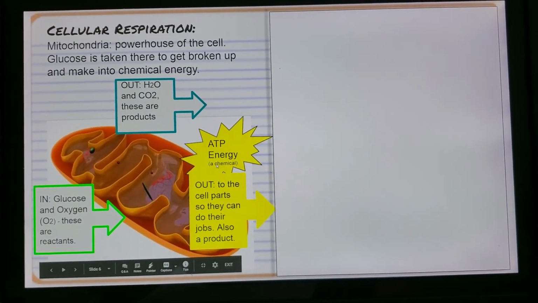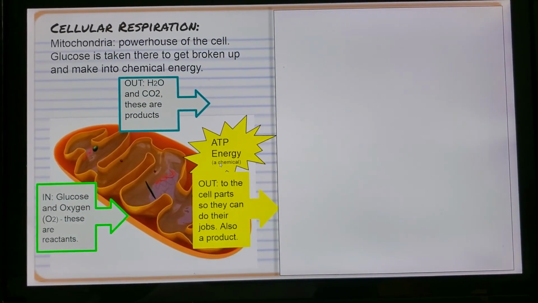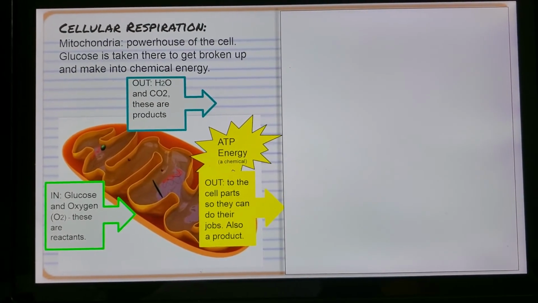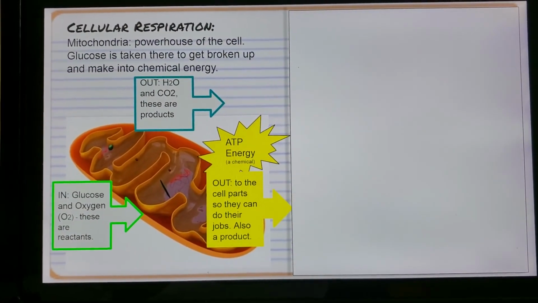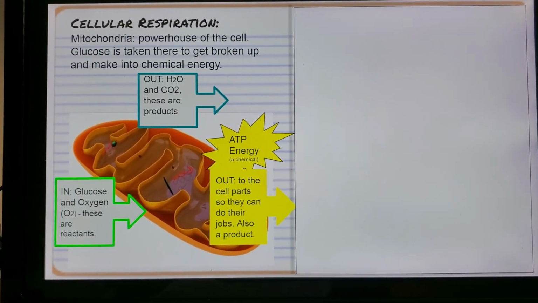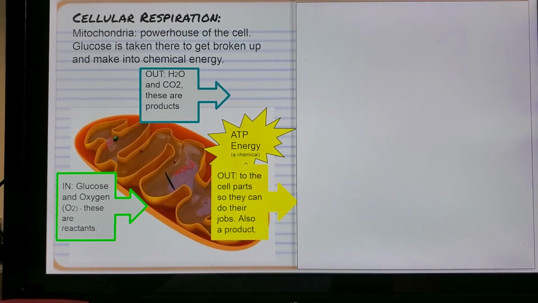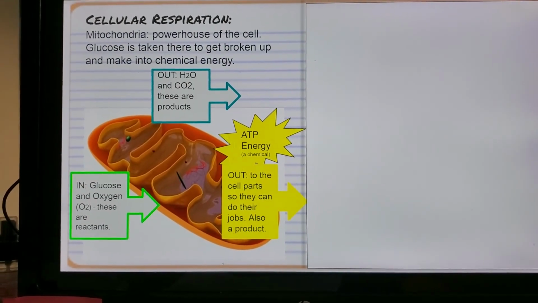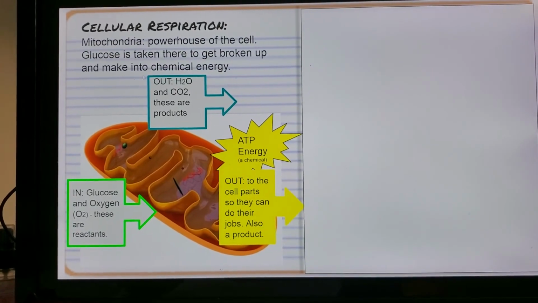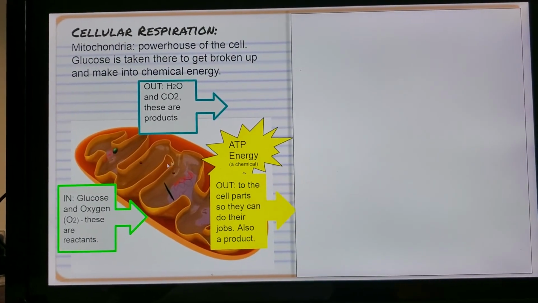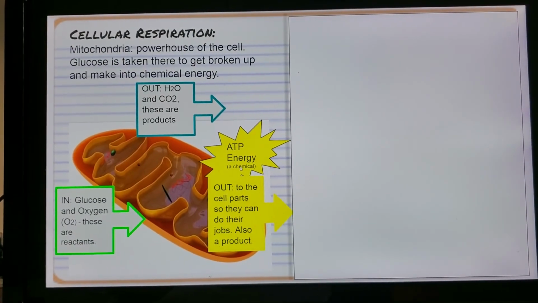These energies are like little M&Ms, little Skittles sort of, that travel all over the cell to give energy to the nucleus and the cell membrane and the cytoplasm and all the other organelles in the cell that need energy to run. We're going to talk a little bit more about this, but this is the other half. You made the glucose, now we're going to use the glucose to make that.